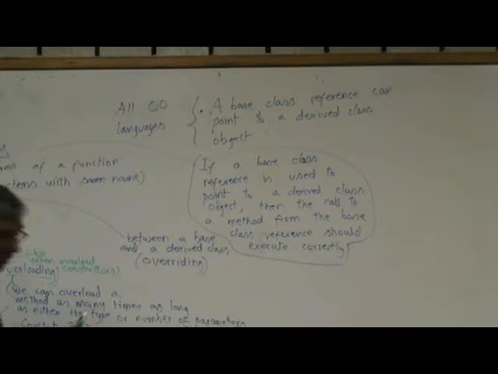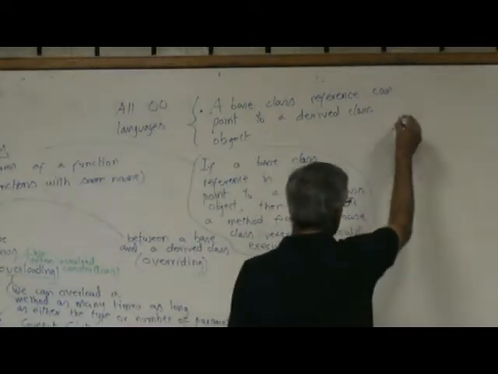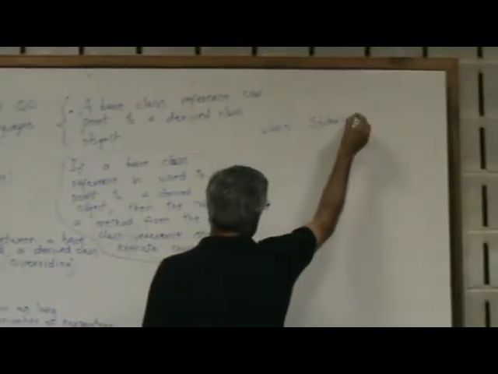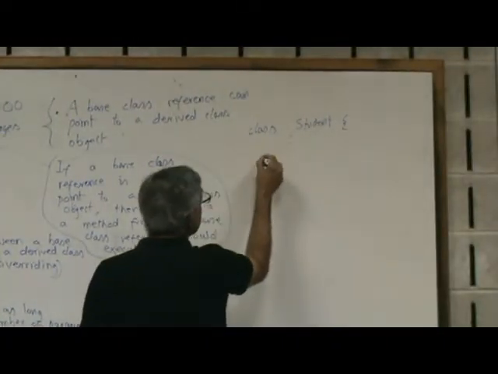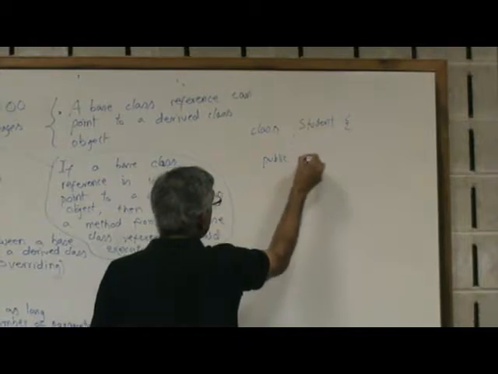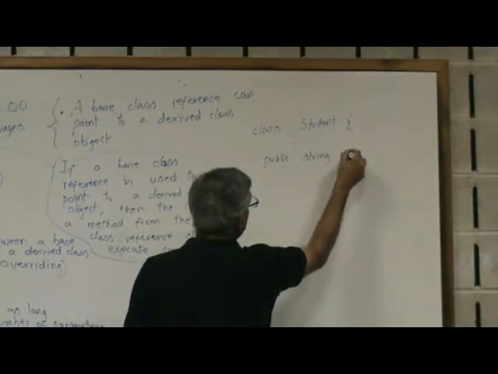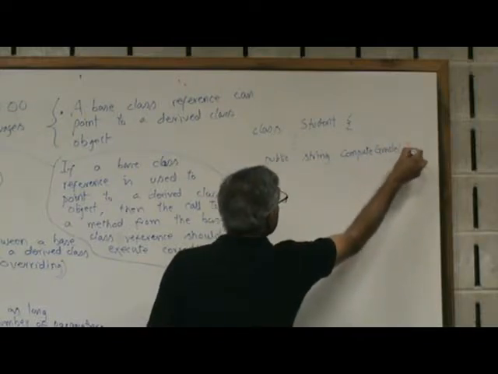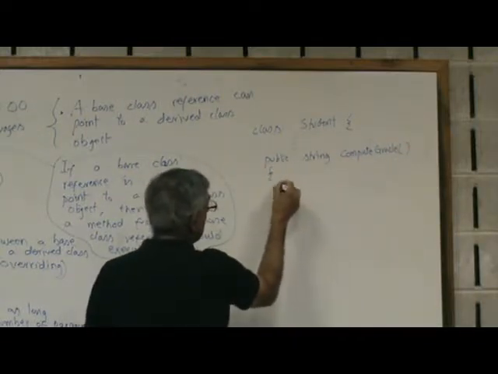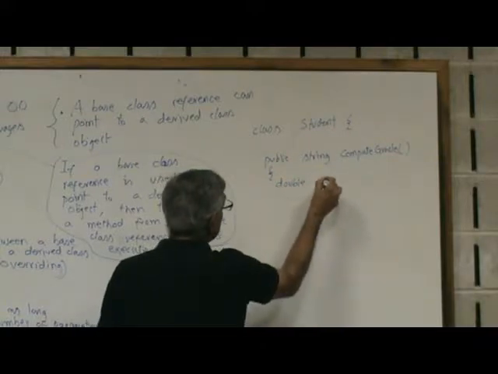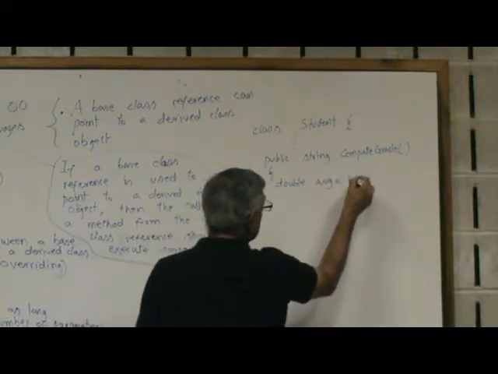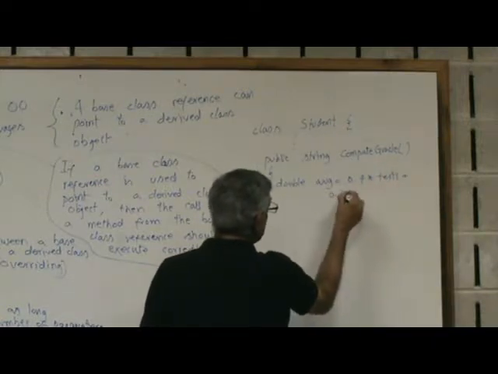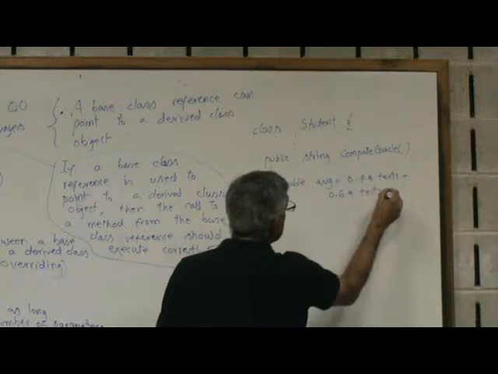Let's pick an example. Suppose we created a class called Student, and suppose we had public string ComputeGrade. We had some kind of formula, avg equal to 0.4 times test1 plus 0.6 times test2.